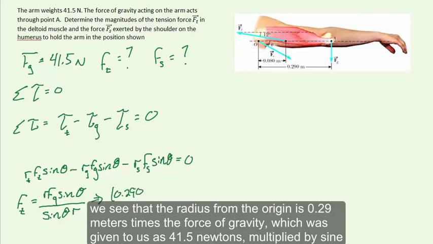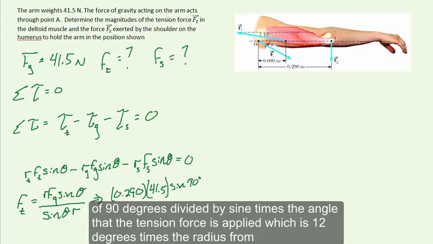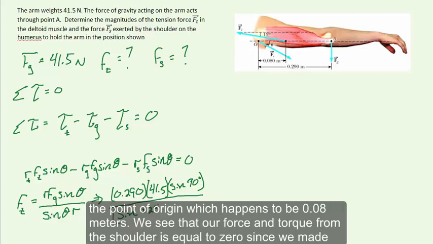0.29 meters times the force of gravity, which was given to us as 41.5 newtons, multiplied by sine of 90 degrees, divided by sine of the angle that the tension force is applied, which is 12 degrees, times the radius from the point of origin, which happens to be 0.08 meters.